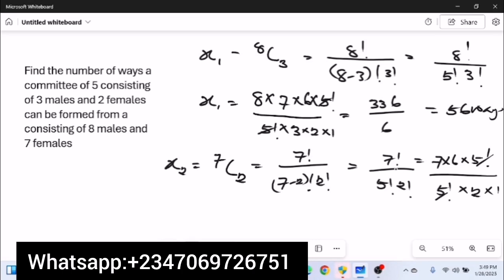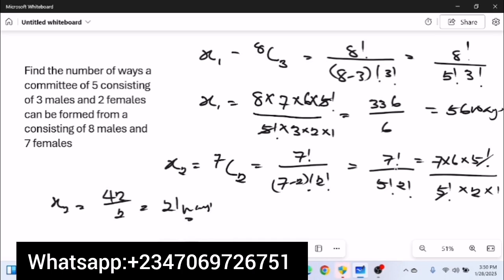So x2 is now going to be equal to 7 times 6. That gives us 42. So you have 42 divided by 2, and that is simply 21 ways.